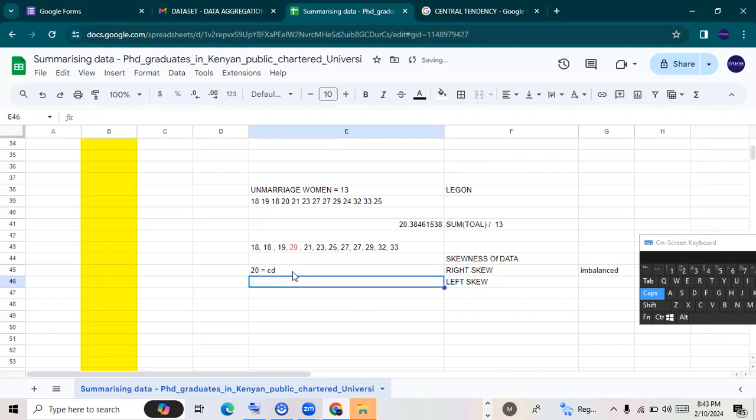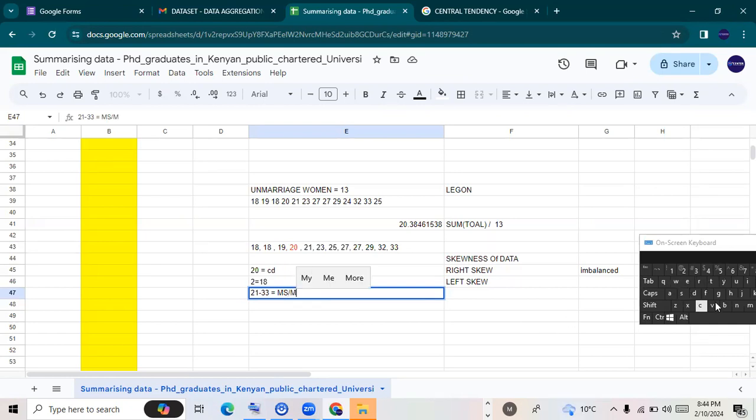And from 21 to 33 becomes our measures of spread, or measures of variability. The 18 here becomes the same, measures of spread or measures of variability.